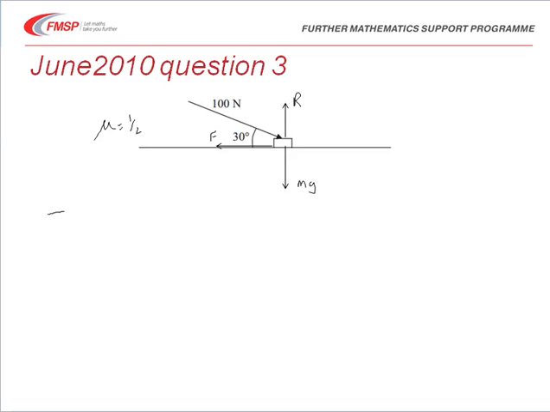So with the horizontal forces we have got that 100 cosine of 30 degrees, that's the component of the 100N, must be equal to F. But we know that F is equal to mu R, and therefore we can say that 0.5, which is mu, times R, is equal to 100 cosine 30 degrees.